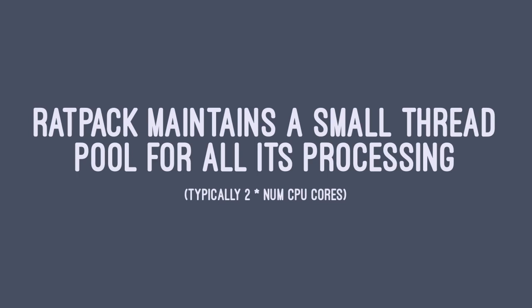Your Ratpack application is only going to maintain 8 threads in total. And what that gives us the ability to do is fully maximize your system resources for when those requests come in. And because there's a non-blocking networking layer that sits underneath all of this, we can continue to handle the processing of new clients as your Ratpack application is off performing its asynchronous work behind the scenes, right?